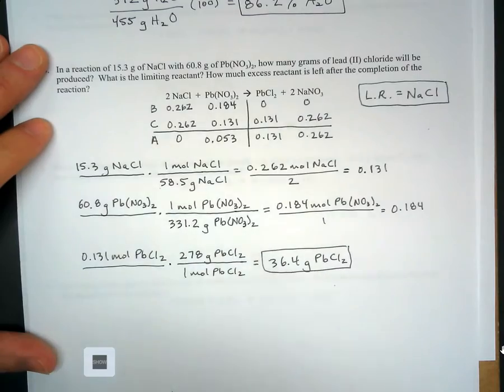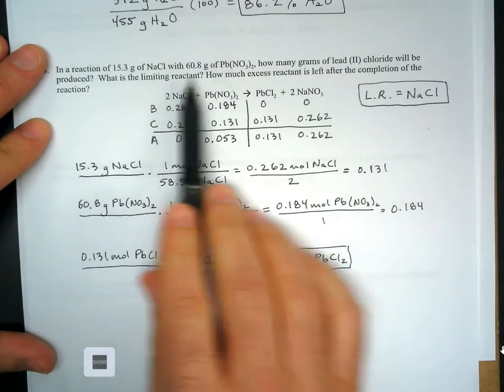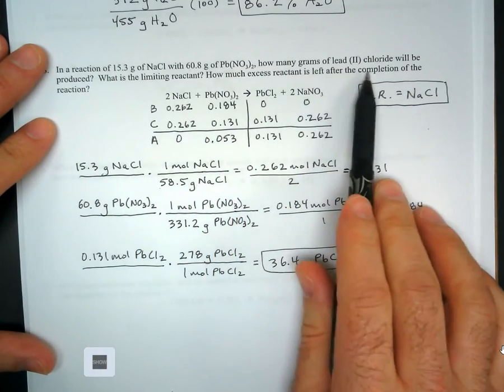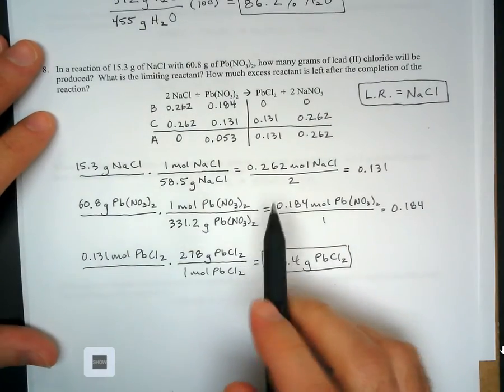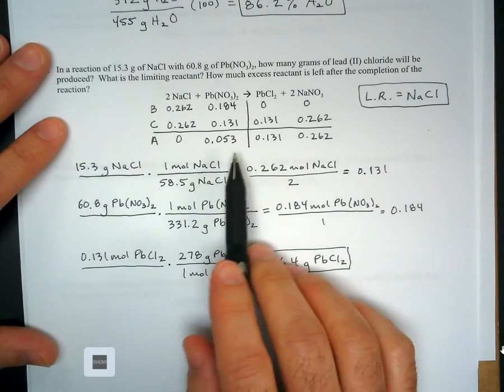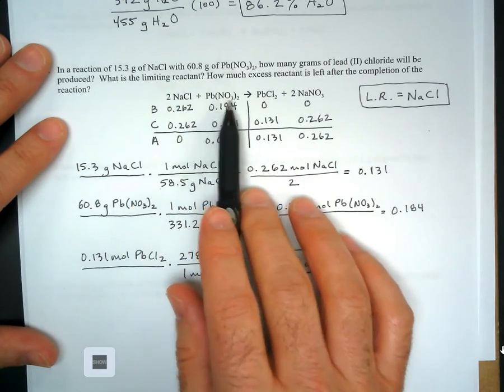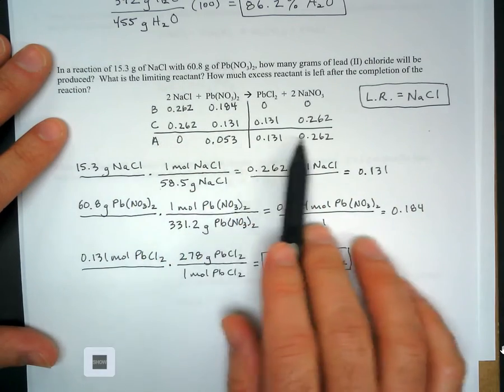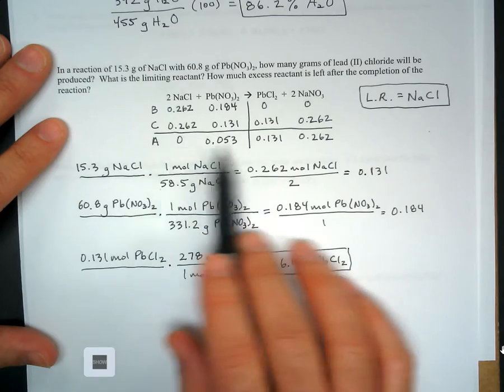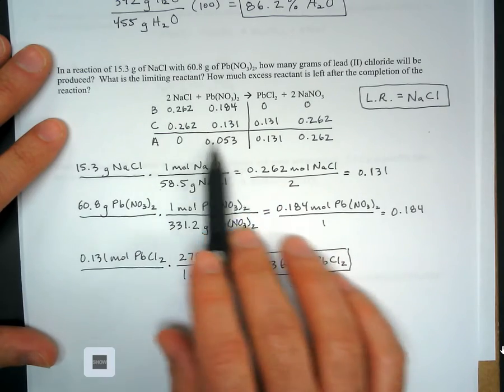Now, third part here, we've done the limiting reactant. How much excess reactant is left after the completion? So excess reactants, remember, are on the left side of the equation. So looking here, after the reaction is done, what has stuff left over on the left side? Well, it's the Pb(NO3)2.